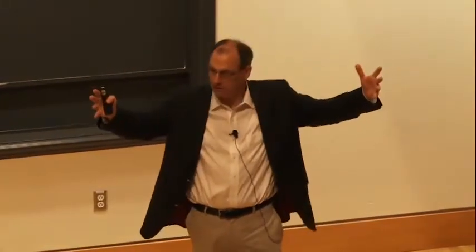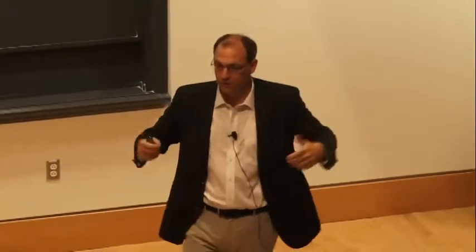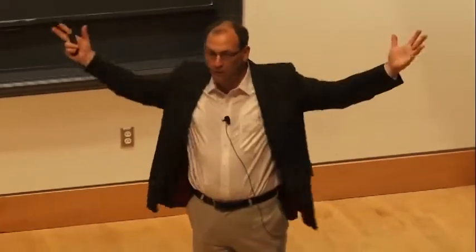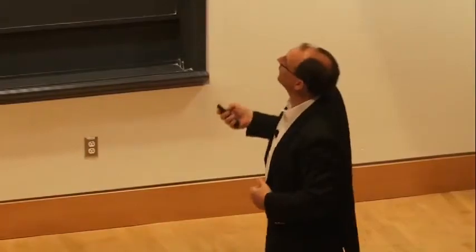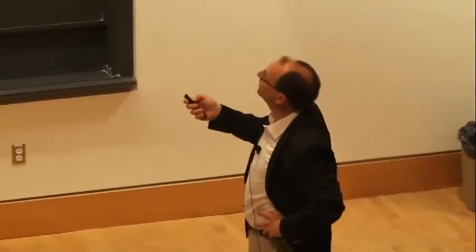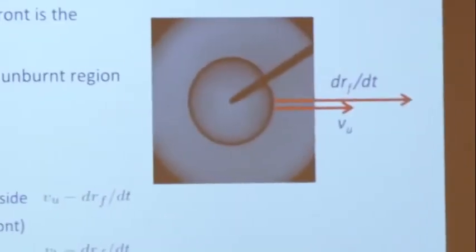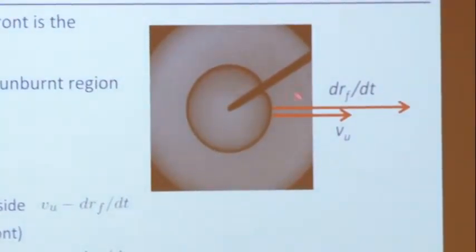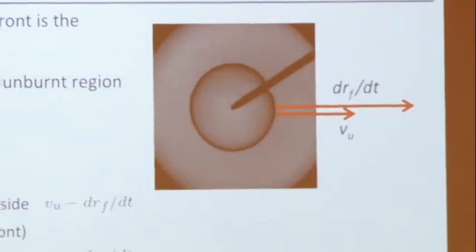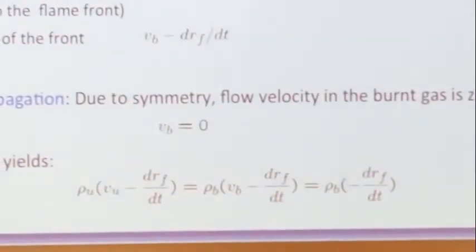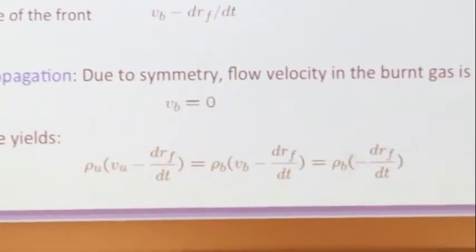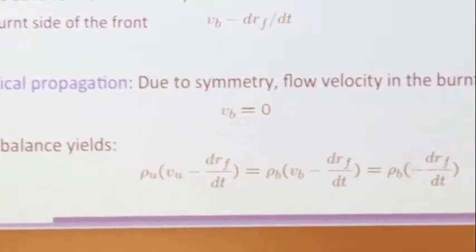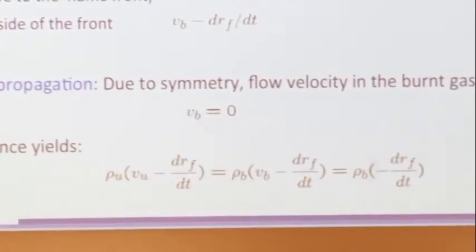Instead, the flame pushes the gas ahead of itself, so you get an outward flow. It's like an explosion where you really induce a flow away from the flame. And so VB is zero, and VU is non-zero, because the gas is pushed away from the flame. And then you have this relation between the unburned and the burnt gases.